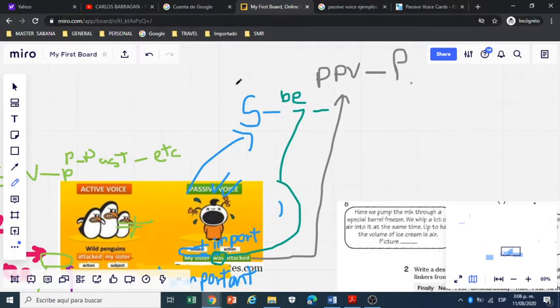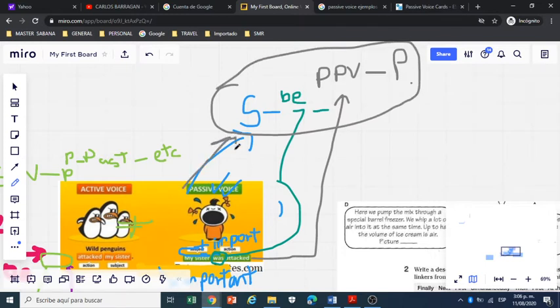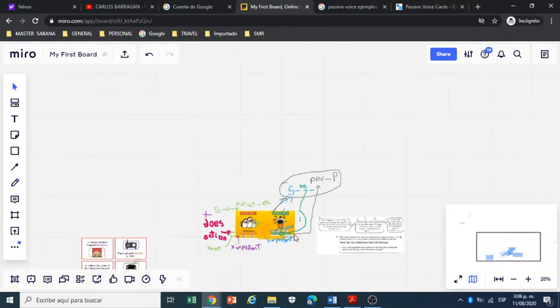Okay, this is the structure of passive voice. Okay, passive voice. Subject, the verb to be, in present, in past, in future, etc. The past participle of the verb, and then the predicate. Okay, check out more examples.